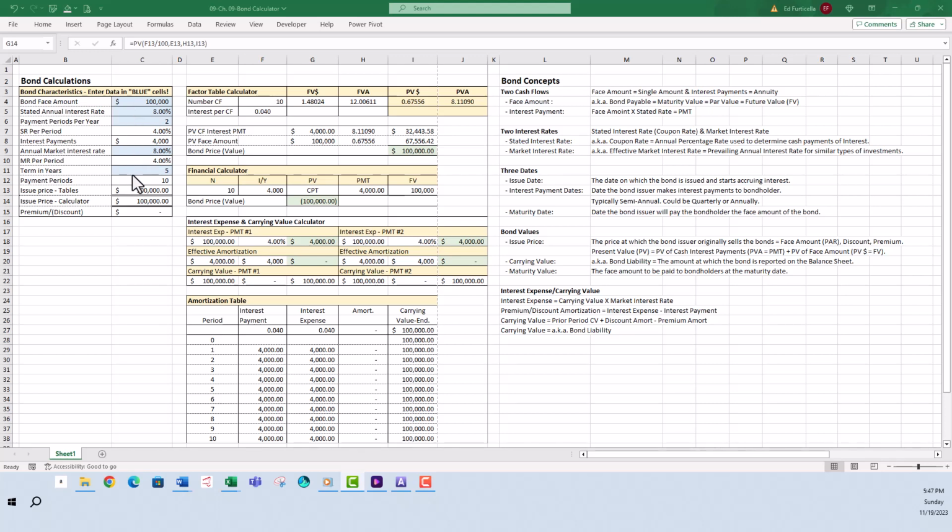Everything else will calculate for you. To the right of the model, I have a listing of key bond concepts. I encourage you to look at each of these concepts. Make sure that you understand them, because understanding concepts will always make understanding the bond calculations easier.